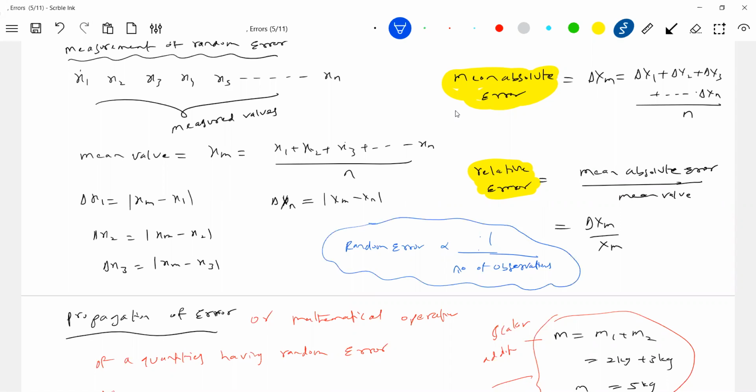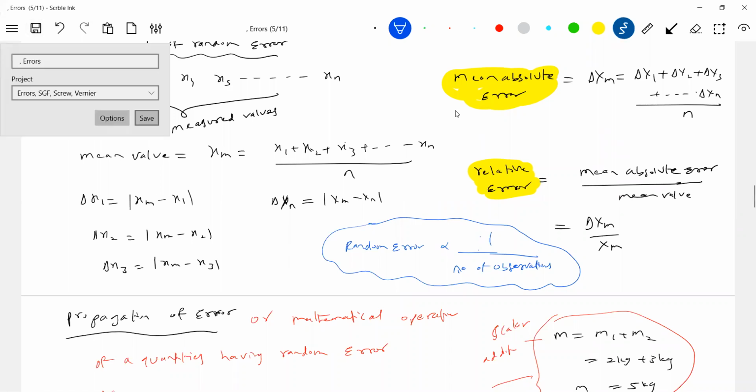So if you want to minimize random error, just take more observations. There's no other way. I think many numericals will revolve around this.